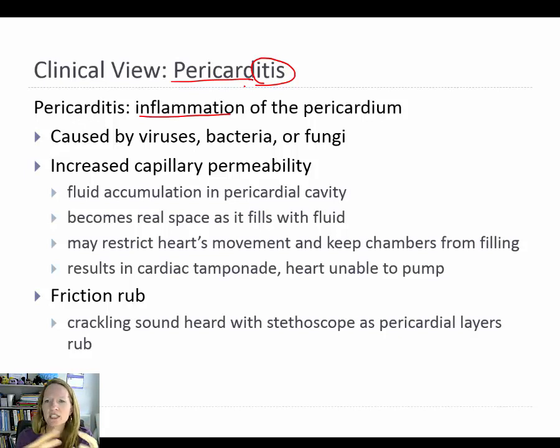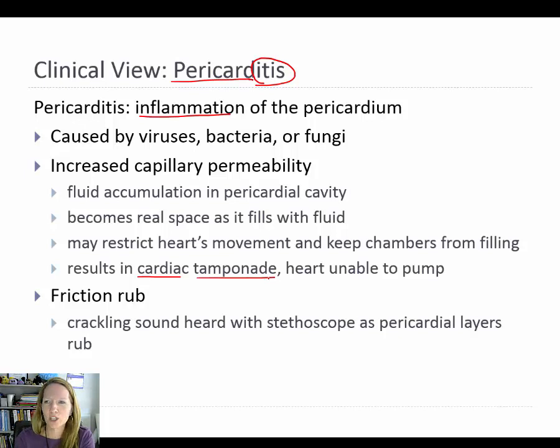But all of this serous fluid that collects inside of the pericardial cavity because of pericarditis restricts the heart's movement, and it actually keeps the chambers from filling like it needs to. So there goes the blood volume in your heart as well. This can result in something called a cardiac tamponade. A cardiac tamponade is basically this medical condition where the heart's movement is restricted and it's unable to pump.